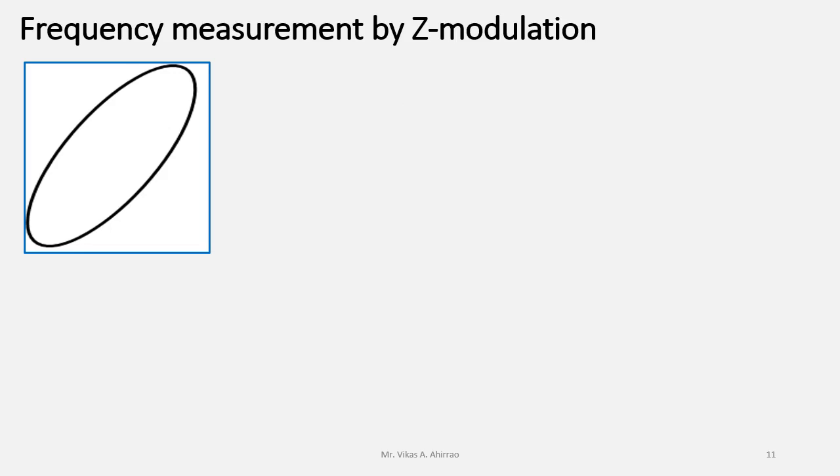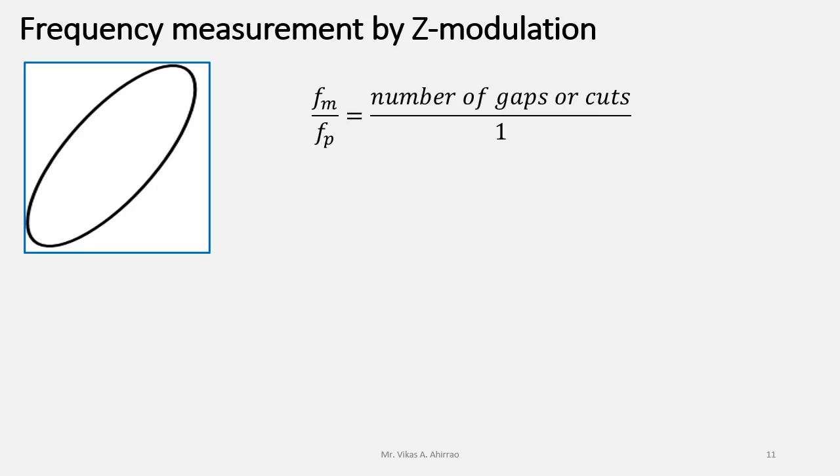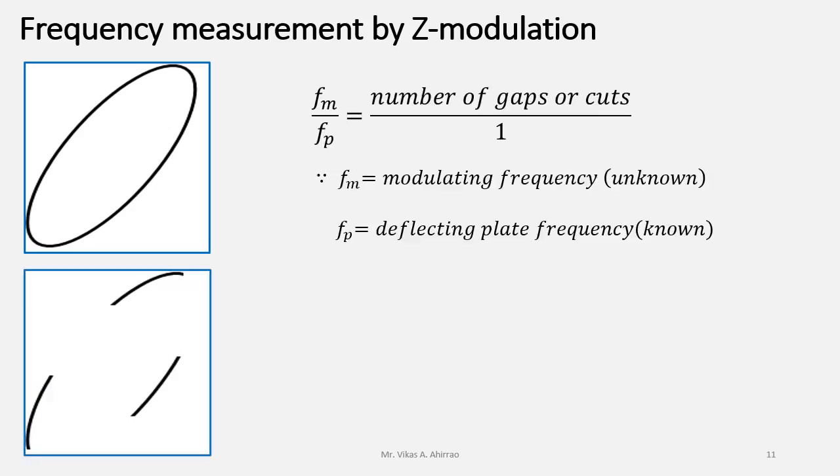For example, consider I have applied the input, that is a sine wave, to both the channels, that is X and Y, and in XY mode I am getting a Lissajous pattern like an ellipse. When I will apply the unknown frequency to the Z input, then I may get the Lissajous pattern as shown in figure 2nd.